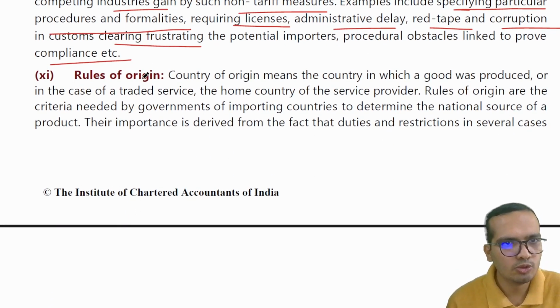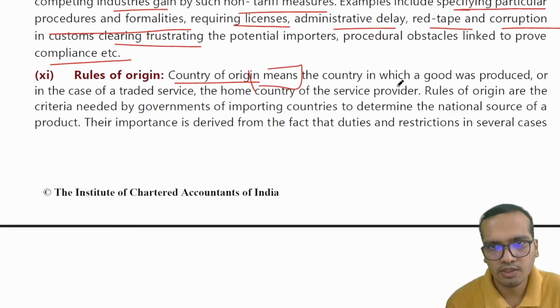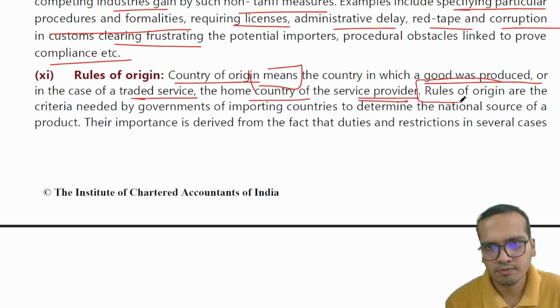Then we have the rules of origin. So country of origin means the country in which a good was produced, or in the case of traded service, the home country of the service provider. Rules of origin are the criteria needed by governments of importing countries to determine the national source of a product.